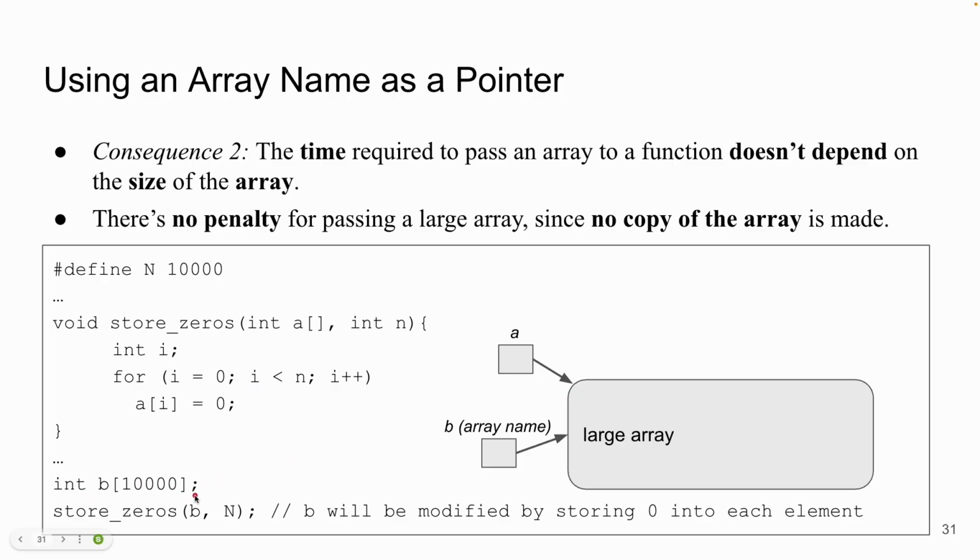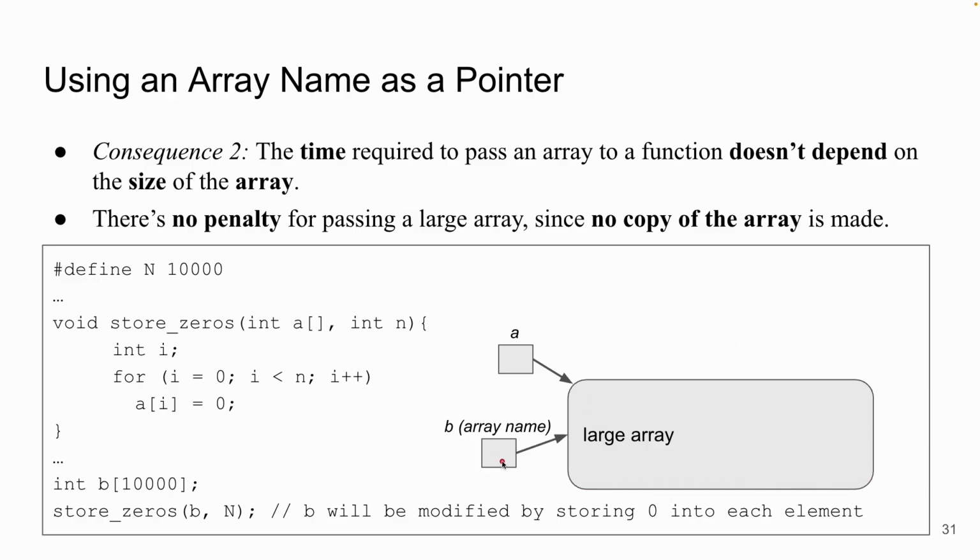However, in C, C only allows you to pass the name of the array to the function. So the name of the array is the address of the first element of the array. So what you pass is not the big chunk here, it's just a small chunk here. And no matter how big this array will be, the address will still be the same.